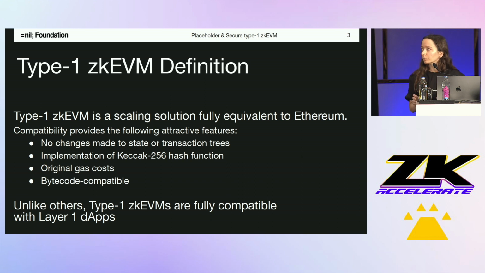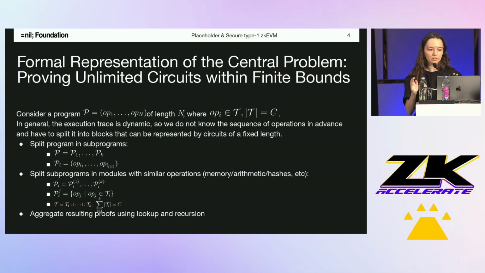So also we have a problem inside this thing. Let's try to describe it, not in simple words, but in a short representation. We try to prove an unlimited number of instructions in terms of finite circuits.